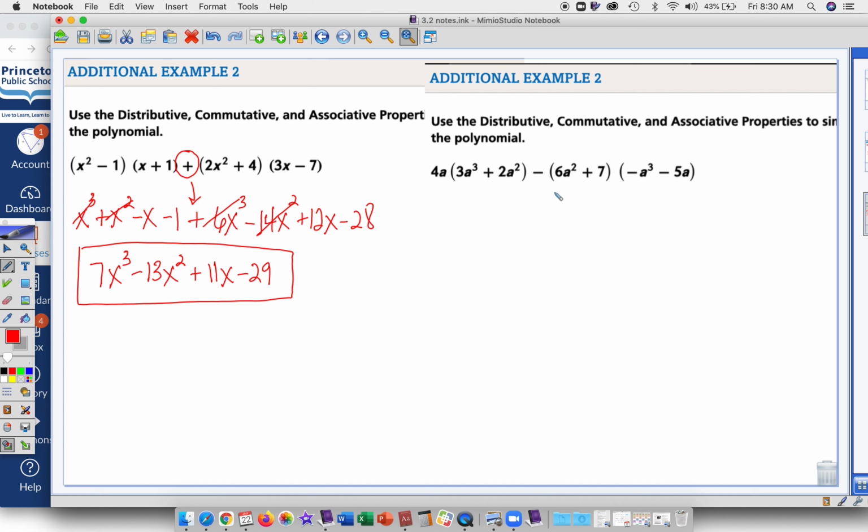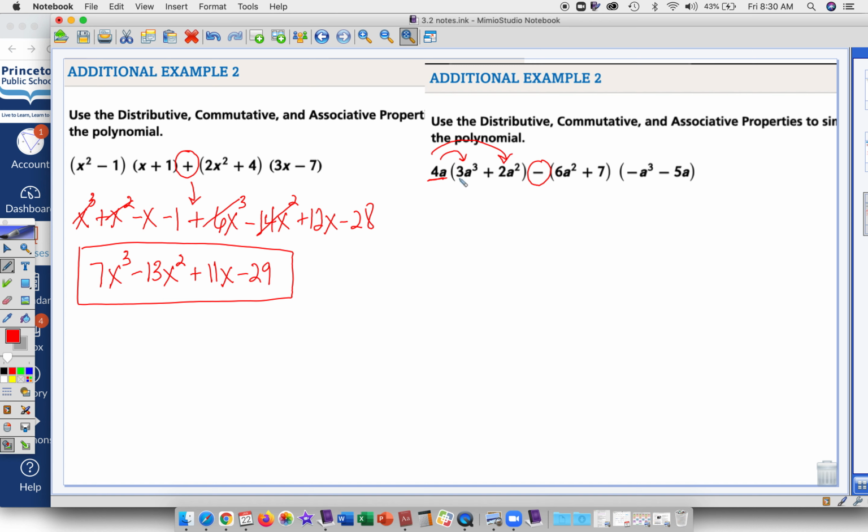Okay, for our second example, notice that this is a minus in between. So once I multiply these two quantities together, I'm going to have to remember to change all the signs. The nice thing with this one is here we don't have two binomials, I just have a 4a. So I'm going to distribute that 4a over both terms, and I'll be done with that product.